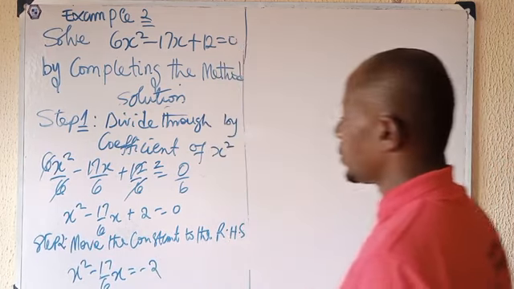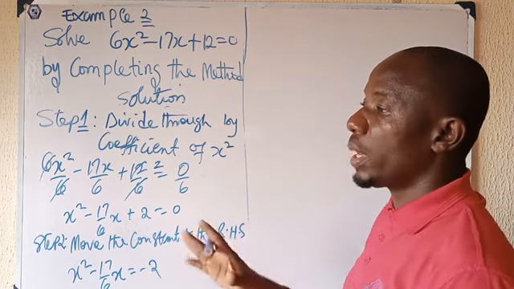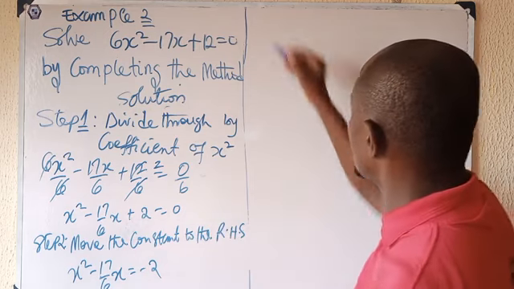We can move to step 3, which says that we will add half coefficient of x to both sides of the equation.